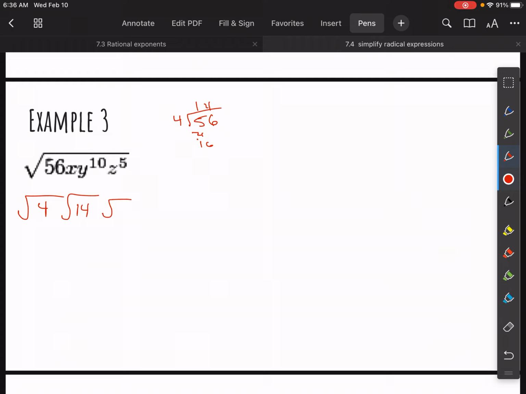And then the square root of x just stays the same because it's odd. And then the square root of y to the 10th. This one is even, so I'm going to leave it alone. And then I have z to the 4th times z. Because that is odd, I want to break it into the biggest even, and then that one z left over.